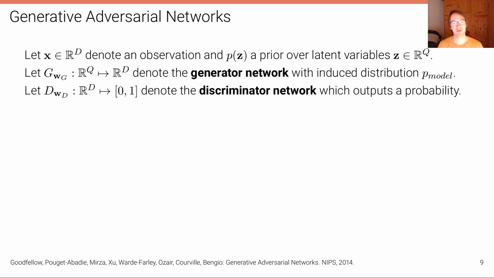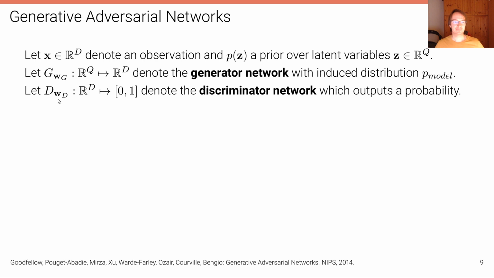But they are predicted by sampling, by drawing from a very simple distribution P of Z, say a Gaussian distribution, and then pushing that sample through this nonlinear neural network to yield an X or X hat. And that distribution we're going to call the model distribution. That's what we're interested in. That's what we're going to try to make close to the data distribution.